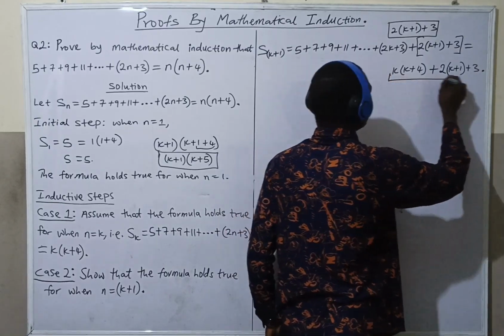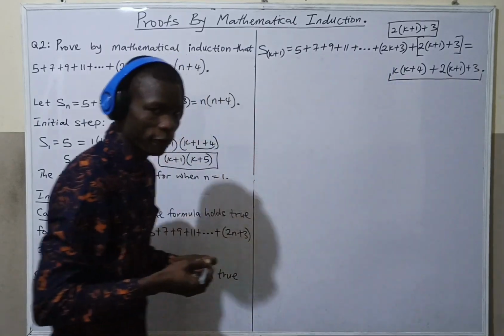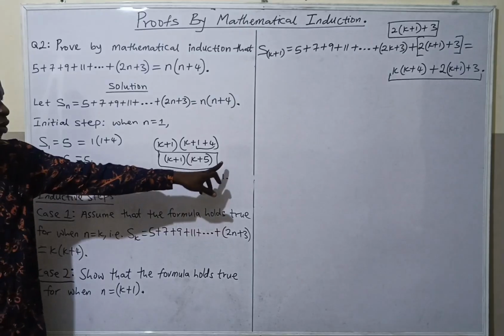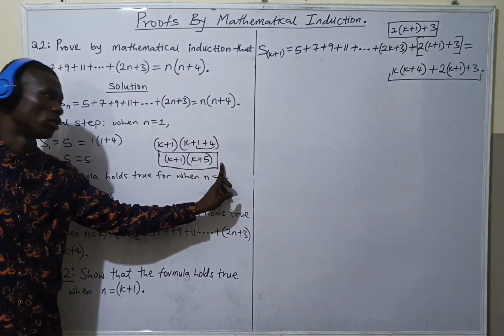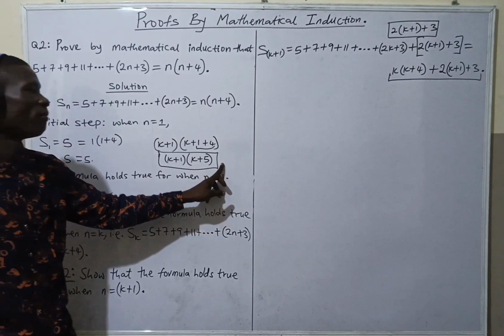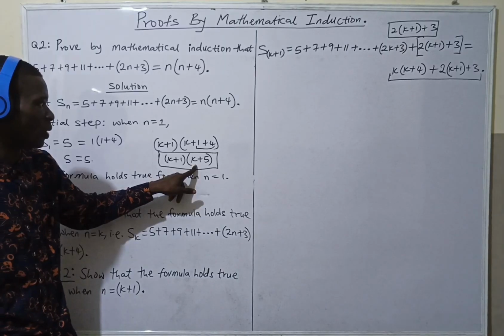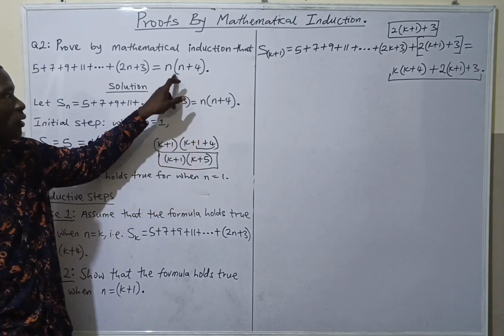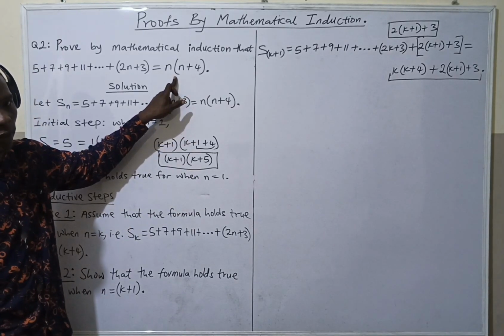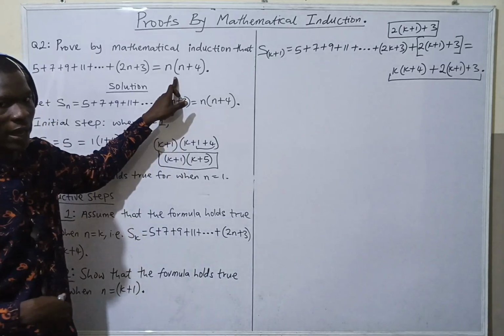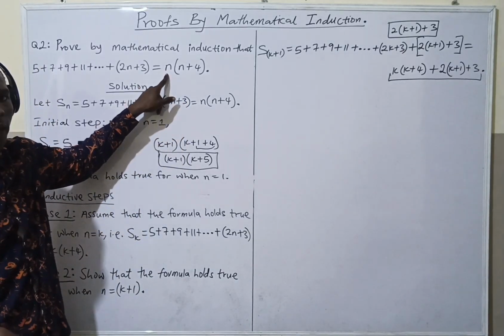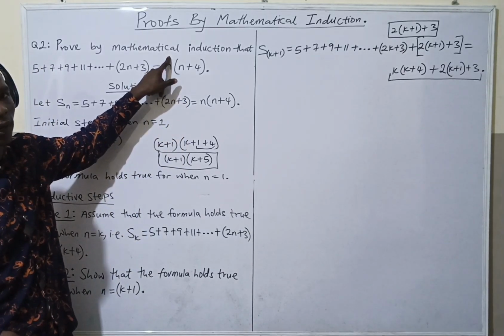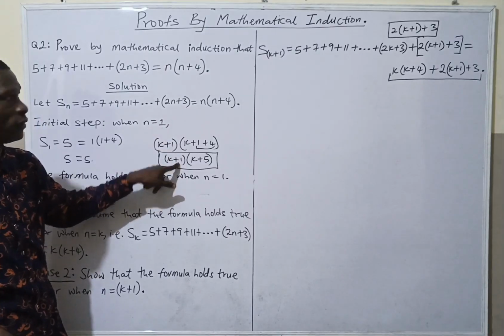Okay, so the whole of this one must be simplified in such a way that we must arrive at this particular solution, which is our target. Once you have been able to simplify to this one, and this one is kind of a representative of what we have here, with one step ahead, that's one step further. So n, one step further of n is n plus 1, that's why we have k plus 1.